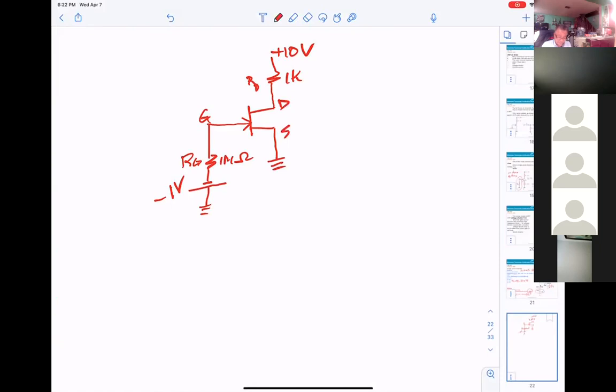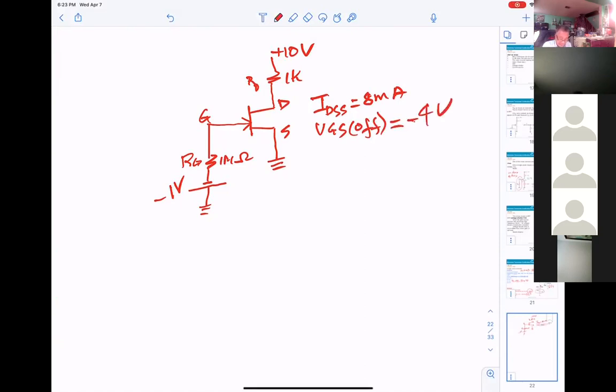Okay, so on this circuitry here, they give you IDSS and VGS off, minus 4 volt.